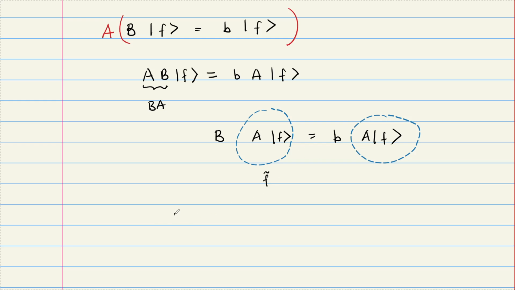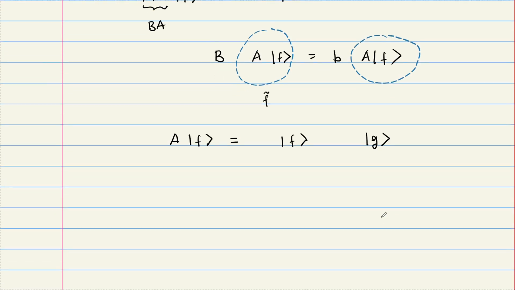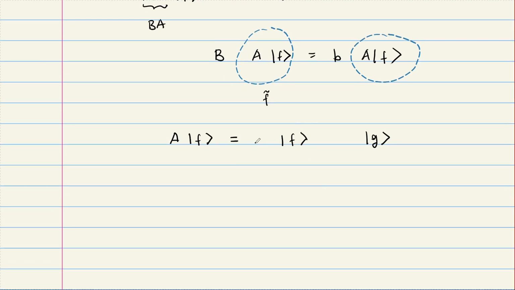Now, A times F, what can happen is the most general thing. It can have an F component and it can have a G component, right? And there can be some arbitrary coefficients. Let me call this U1 plus U2.